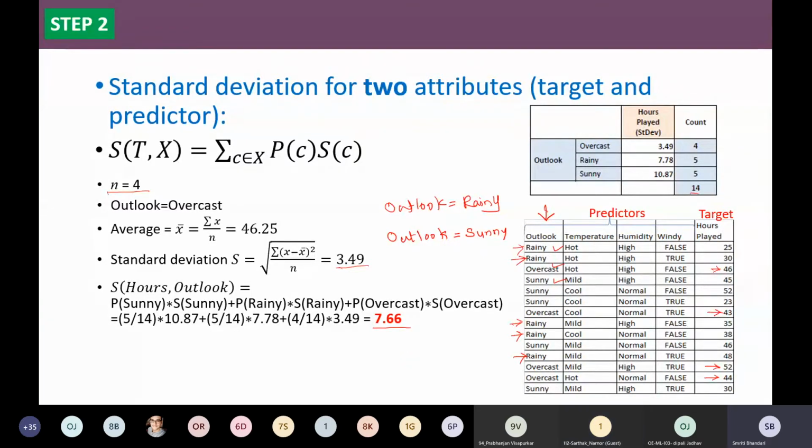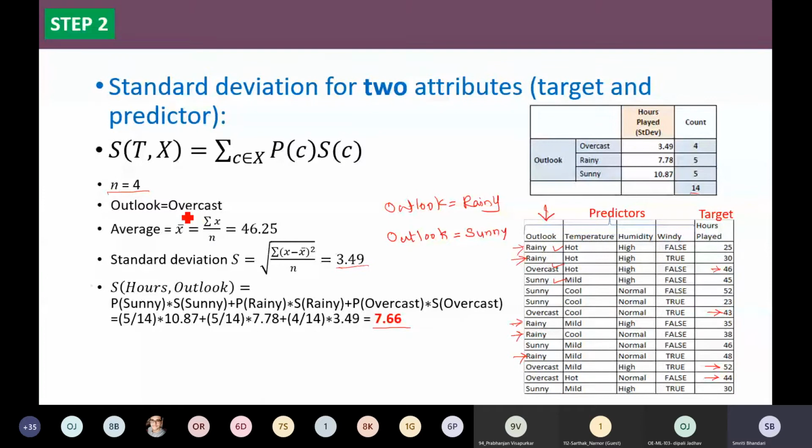So we have computed the standard deviation for the attribute outlook, considering all the values of outlook. Now, similar to our ID3 algorithm for classification, we are computing these standard deviations for every attribute in our data set.